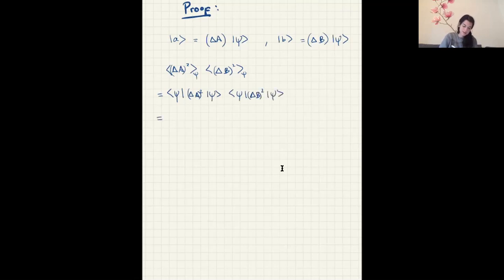Okay, and now because this delta A is a Hermitian thing, I can write it as delta A dagger delta A psi, and here the same, delta B dagger delta B state. Okay, so this is just A B. Okay, and now we use this ingredient that we had from before.